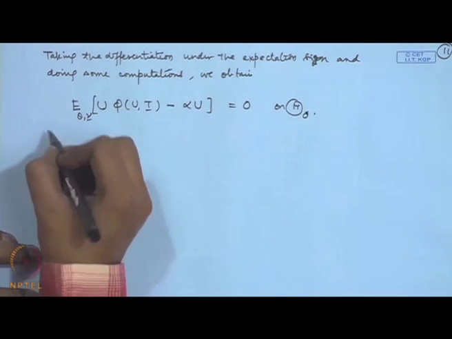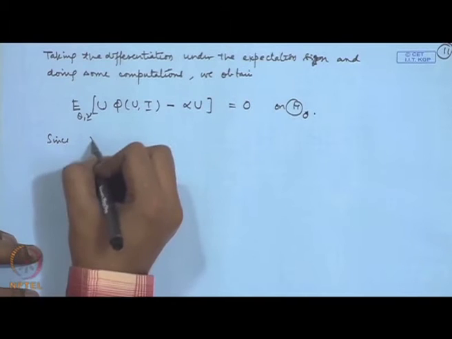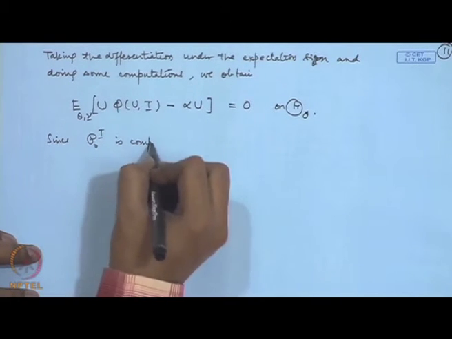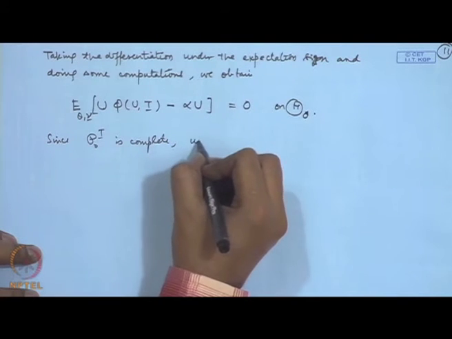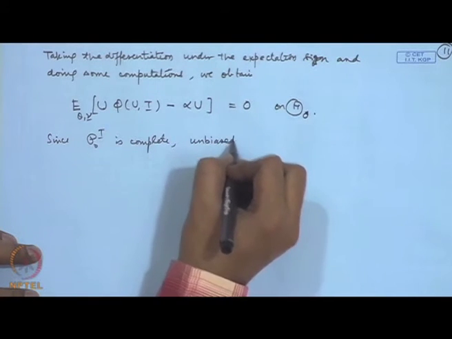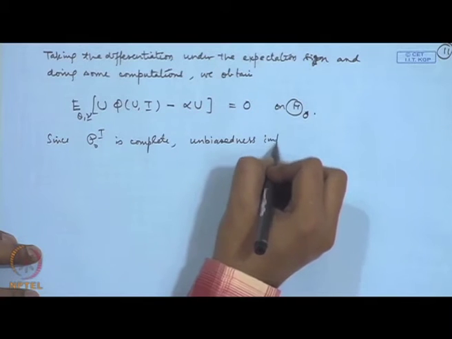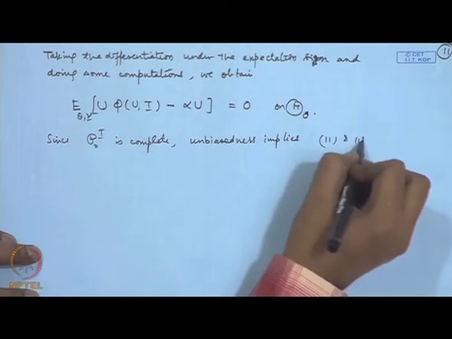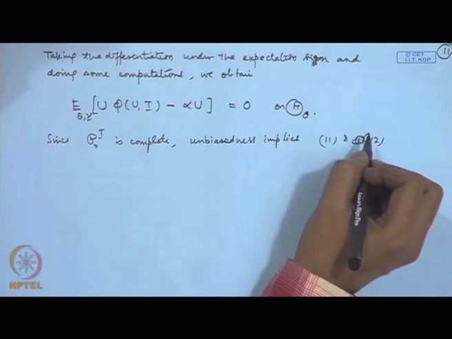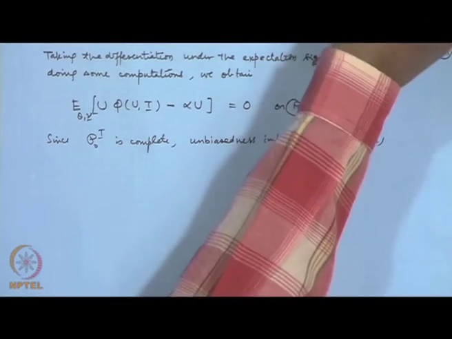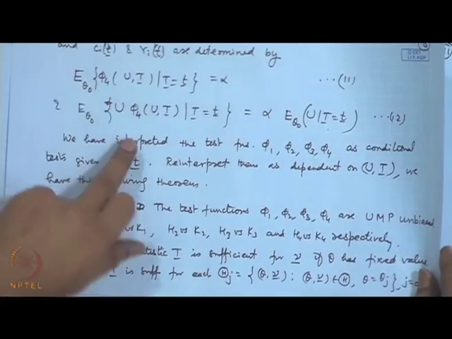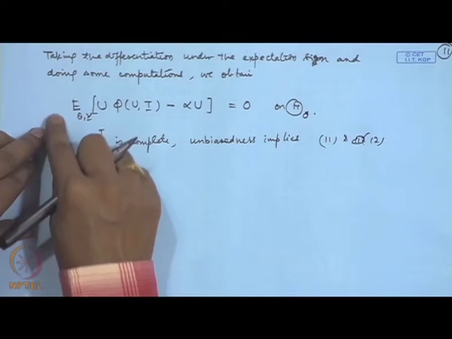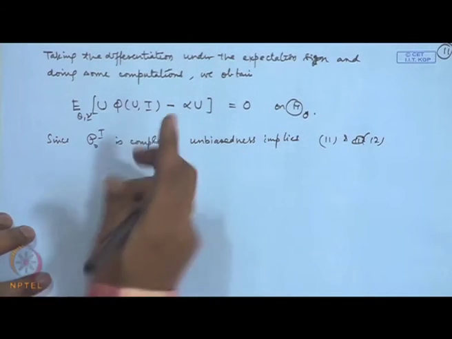Now, since the family under theta naught is complete, we have already seen this thing. Unbiasedness implies the conditions 11 and 12, the conditions 11 and 12 which I stated for phi 4. So, these two conditions will follow, because I can write expectation of expectation here.